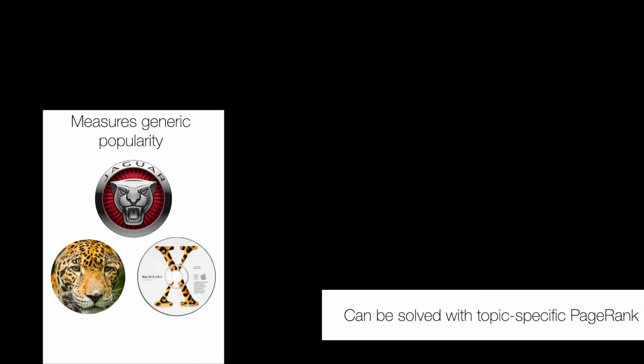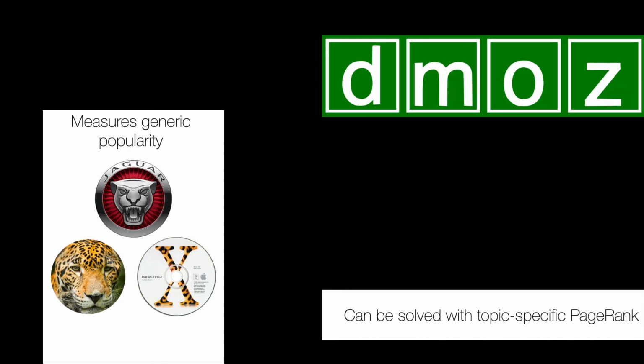So there are solutions to each one of these. For the issue of measuring generic popularity, there are extensions to PageRank that are broken down by topic. One is this idea of building separate PageRanks for all the different topics that we have. This is actually the Mozilla directory approach, but DMOZ doesn't exist anymore, as one might expect.